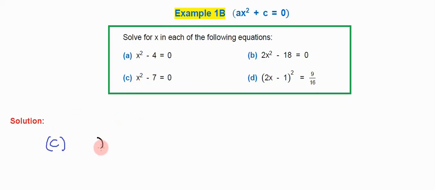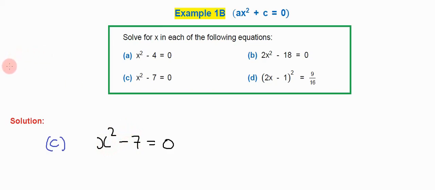So here we have x squared minus 7 equals 0. Once again, we have the problem that x squared minus 7 is not a difference of two squares. So we can't factorize it as such. 7 is not a perfect square, so this is not a difference of two squares. We can use a simple law of surds and turn this into a difference of squares.